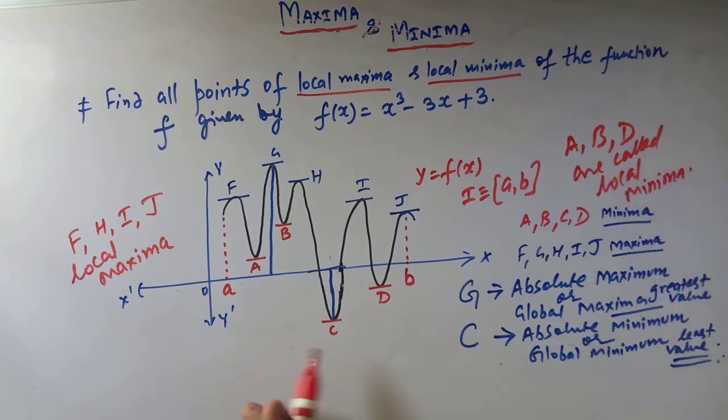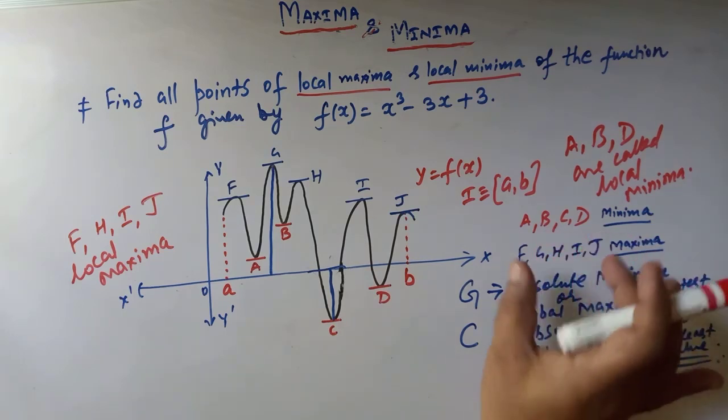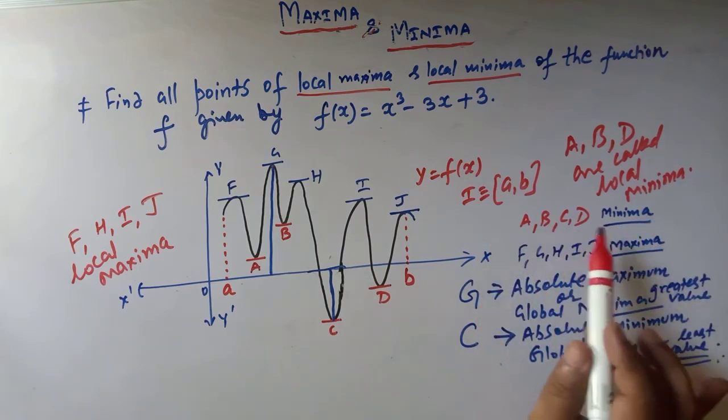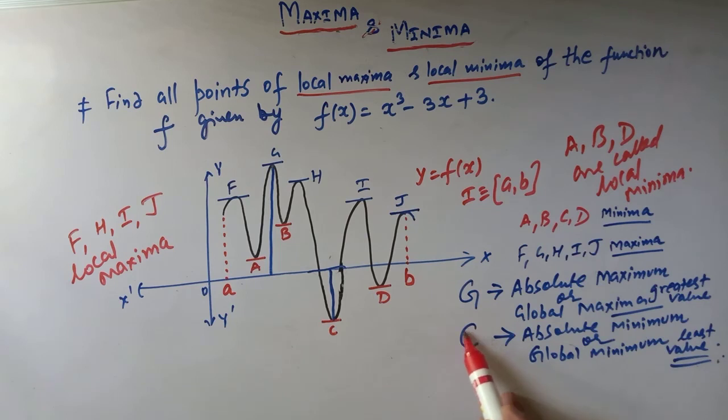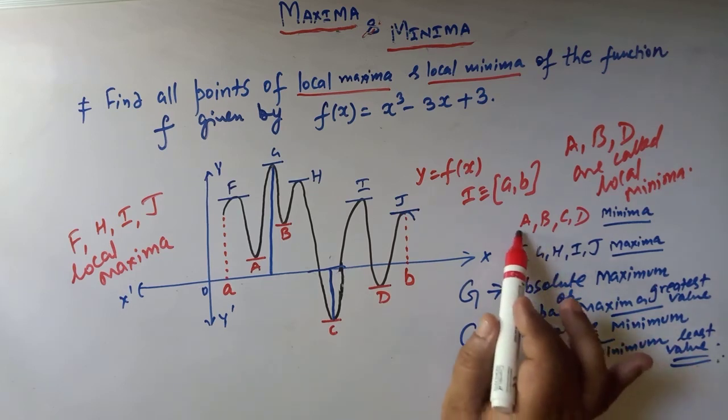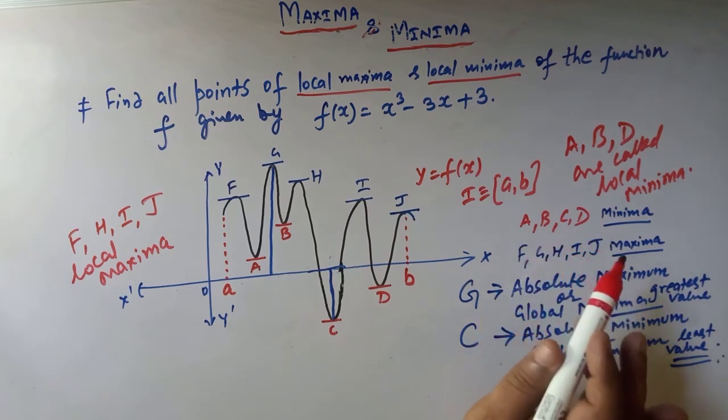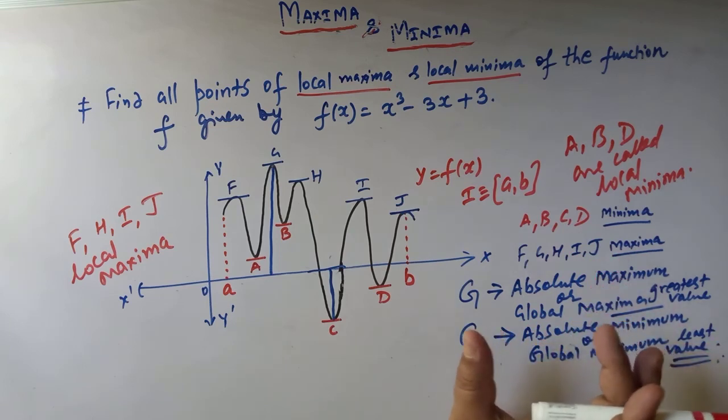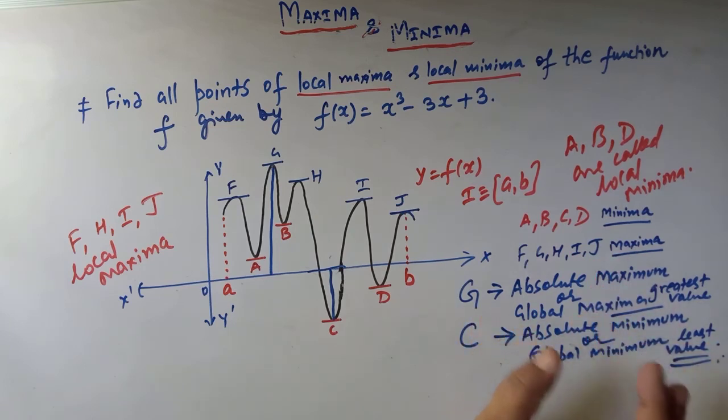So we have A, B, C, D, four points of minima, and out of these four points, C is the absolute minimum, the global minimum or the least value, and A, B, D are the points of local minima.